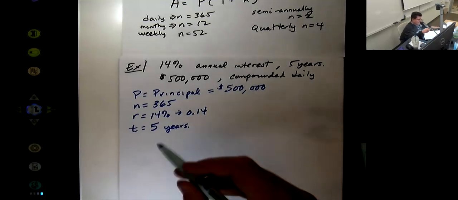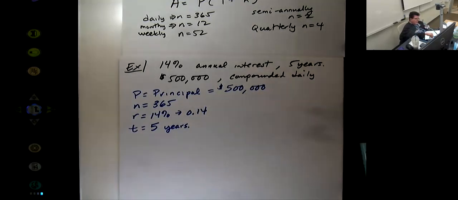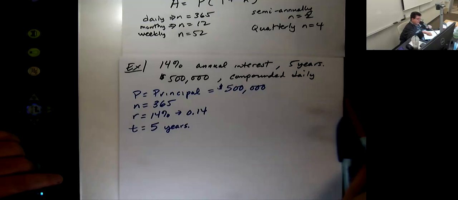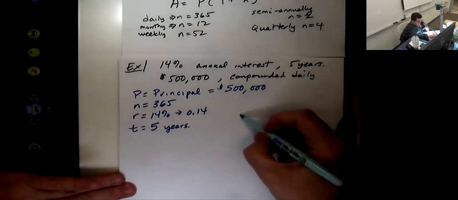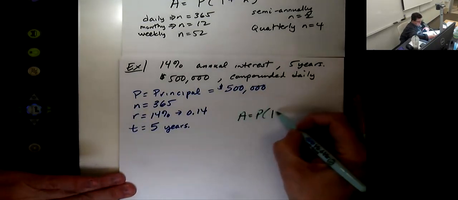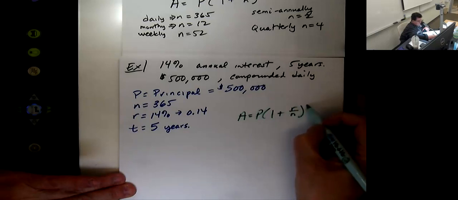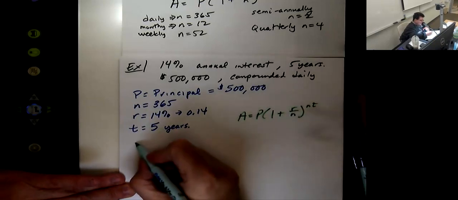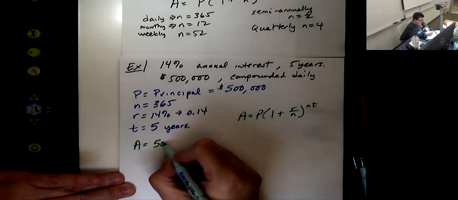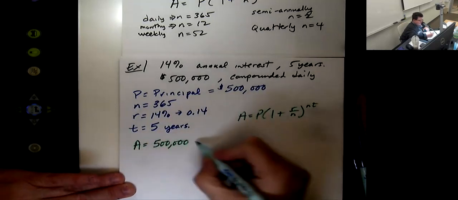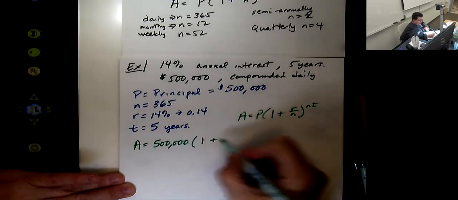So we're going to fill in what we got for A equals P. This one is easy to rush. Try to do too much at once and you're just gonna get this wrong.